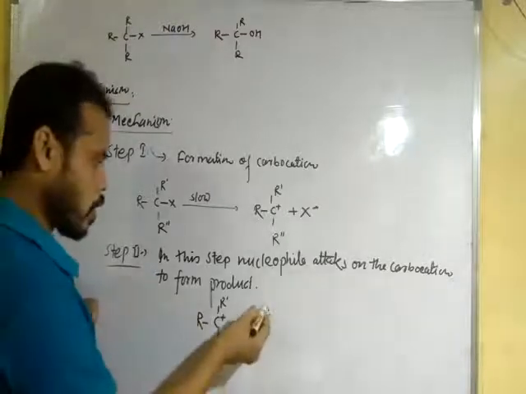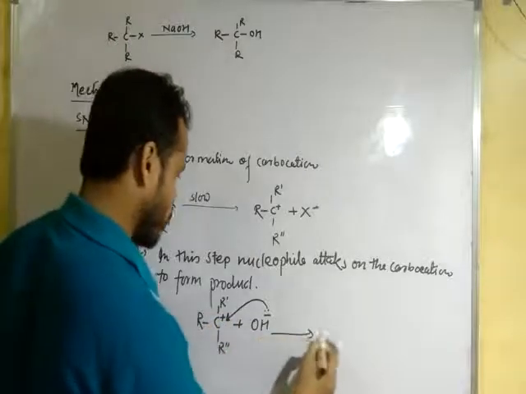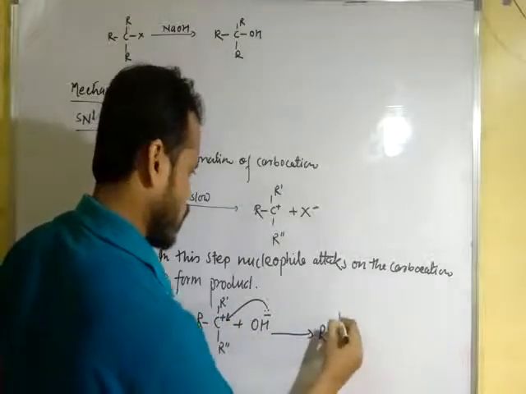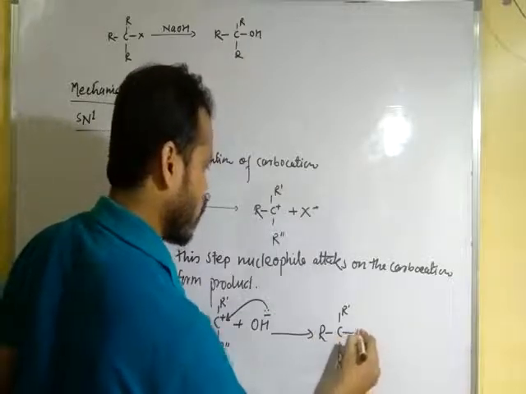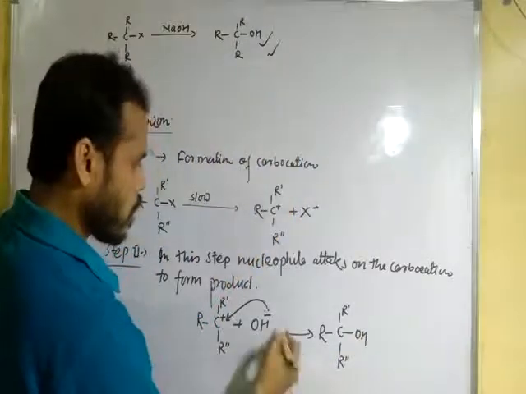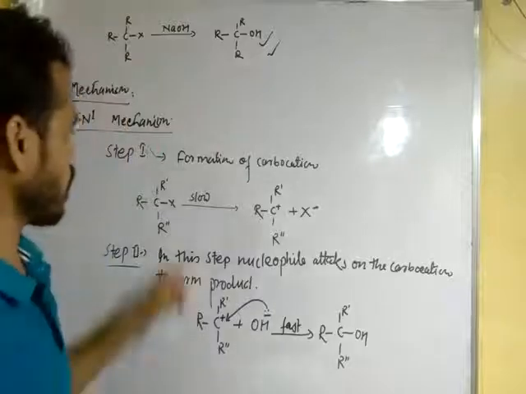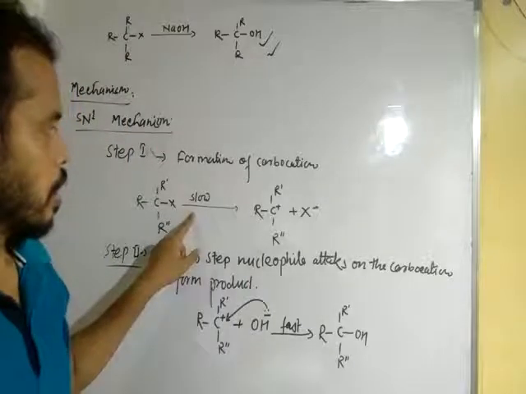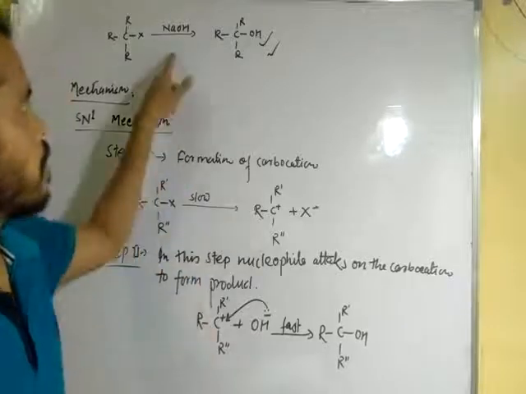It will attach to the carbocation like this and form R, C, R', R'' and OH, the alcohol, the main product. So it is a fast reaction, not the rate determining step. So this is the mechanism of this skeleton.